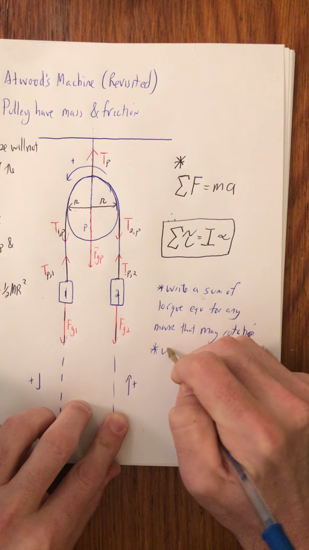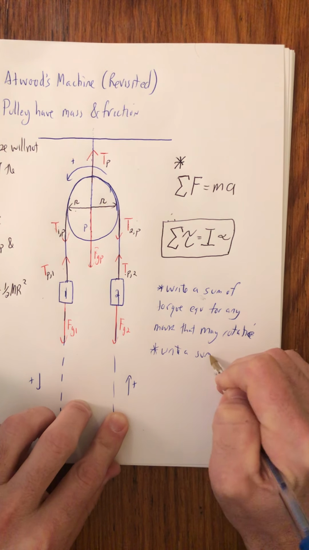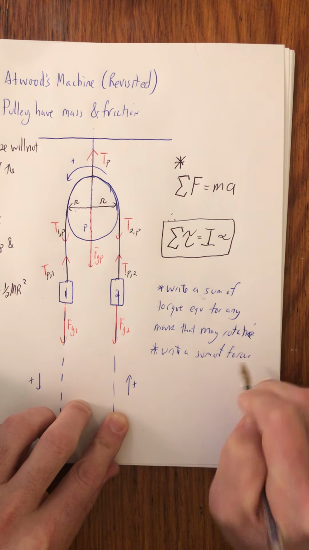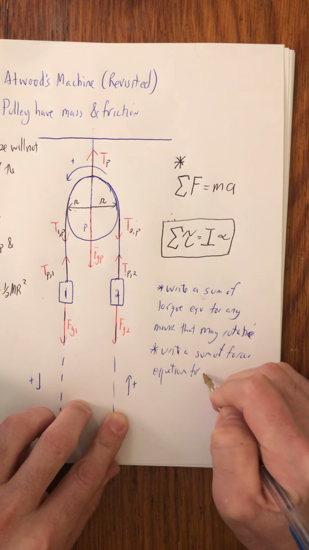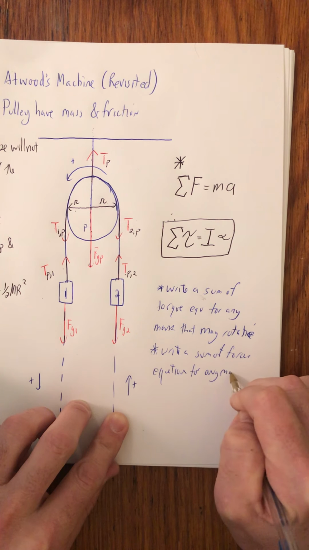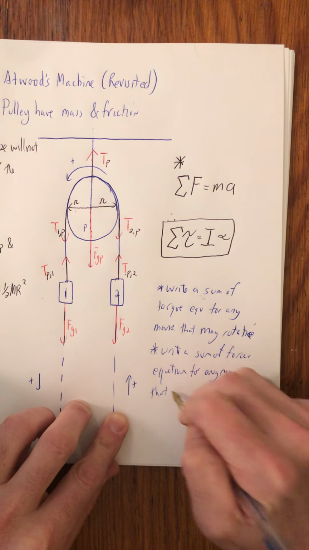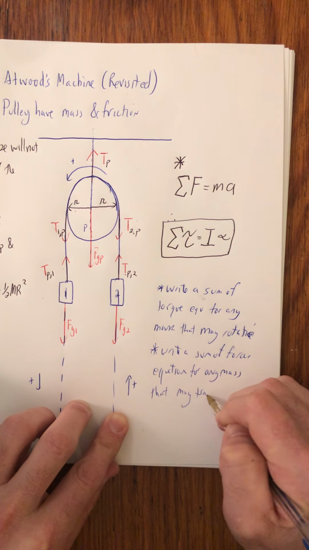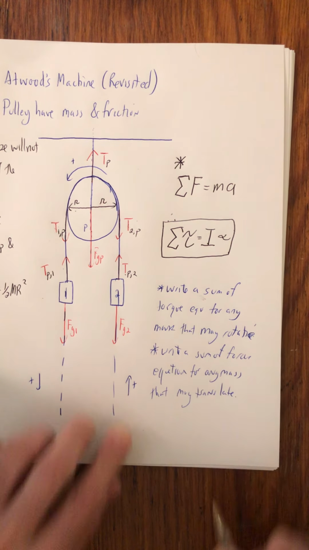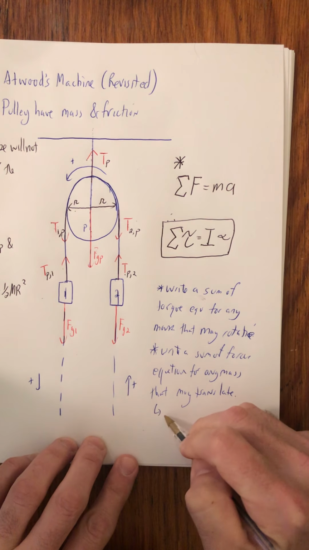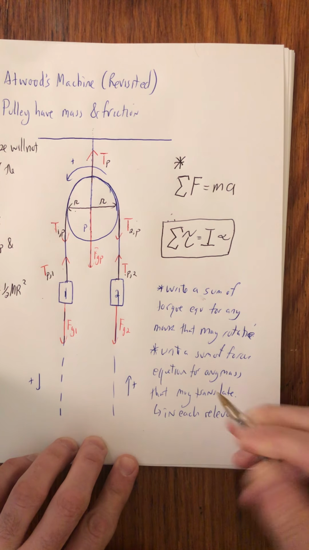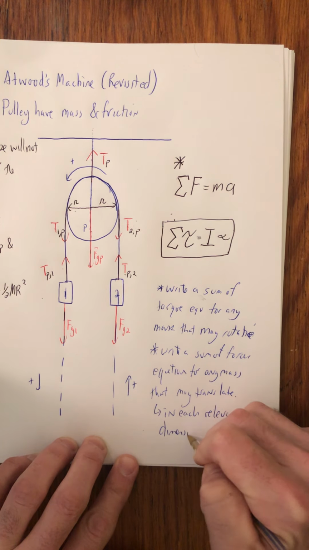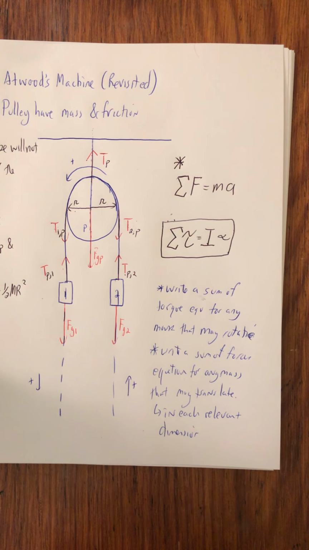And we're going to write a sum of forces equation for any mass that may translate. Now we also might, in each dimension, or each relevant dimension, depending on what the problem is. And so that just helps us know what we're going to need to write equations for.